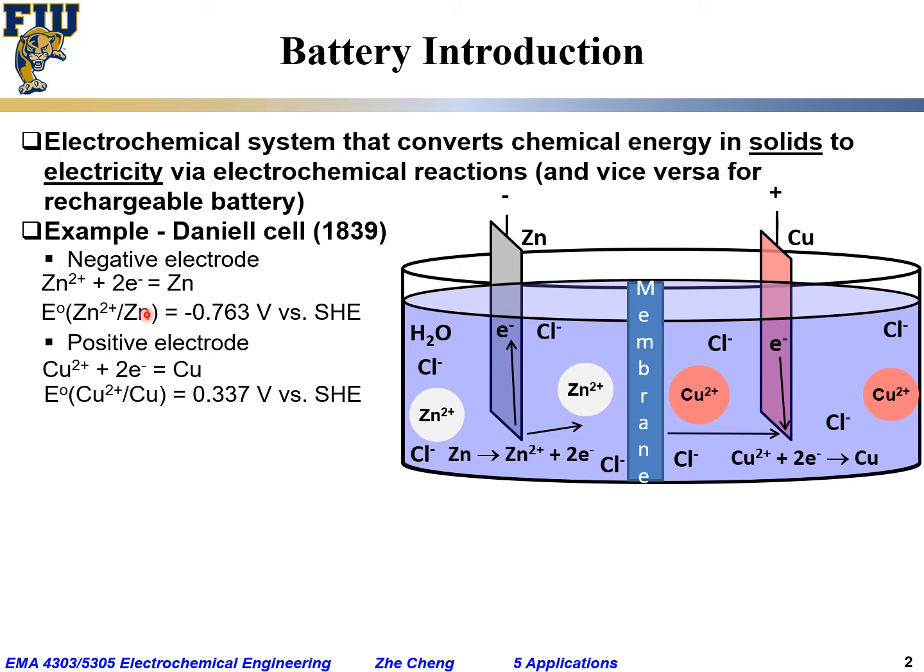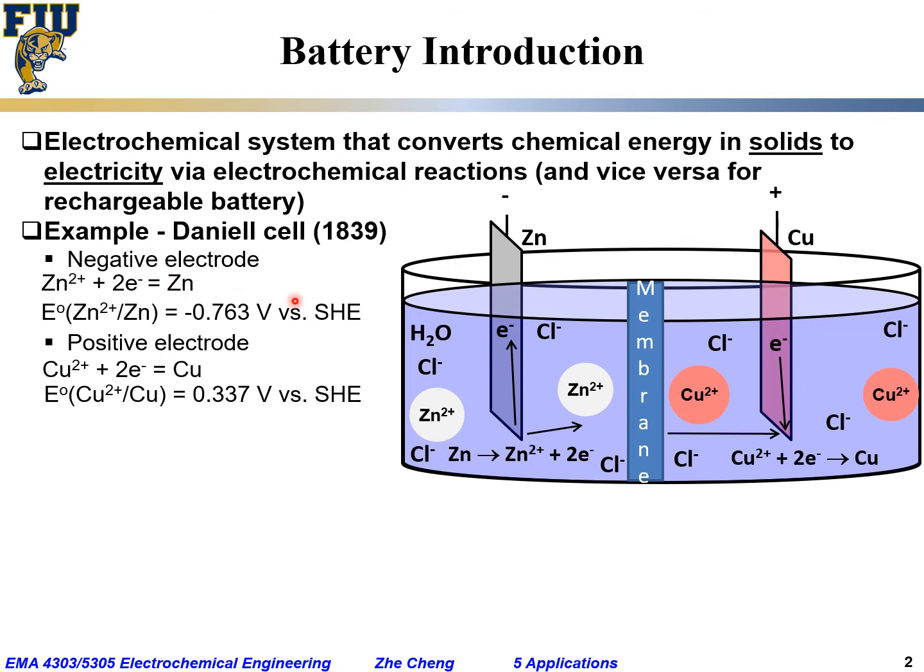During discharging, the zinc electrode would be the negative electrode, and it will be the anode where oxidation happens. In discharging, the copper electrode will be the positive electrode, and it will go through reduction to form copper. On the other hand, during charging, which is the reverse of discharging, if we want to go from electricity back to chemical energy in solids, then in charging, the zinc electrode is still the negative electrode.